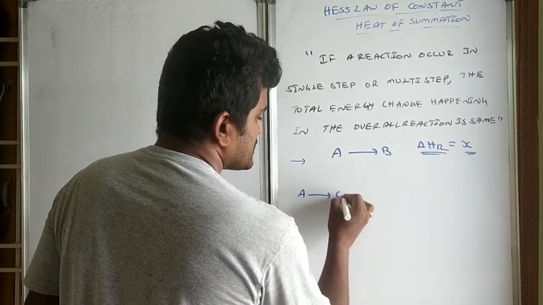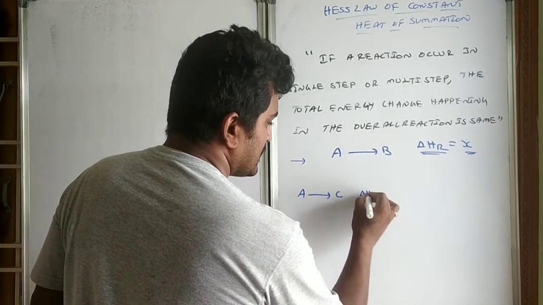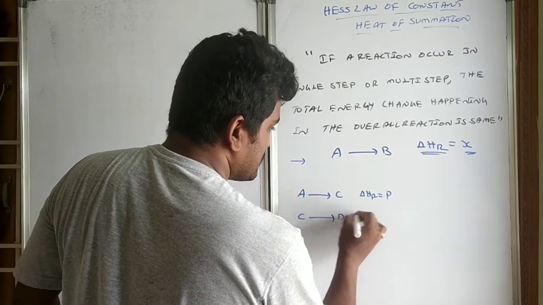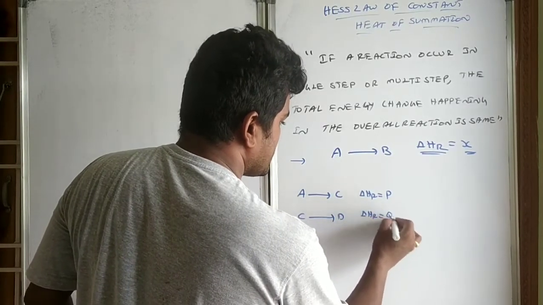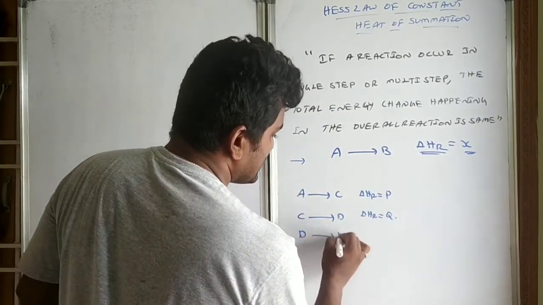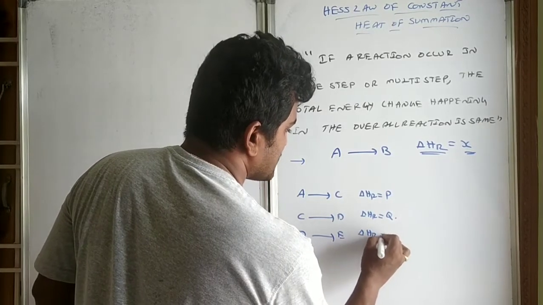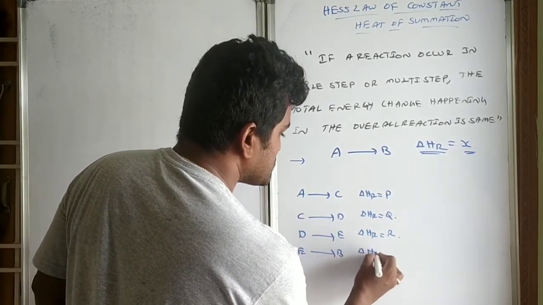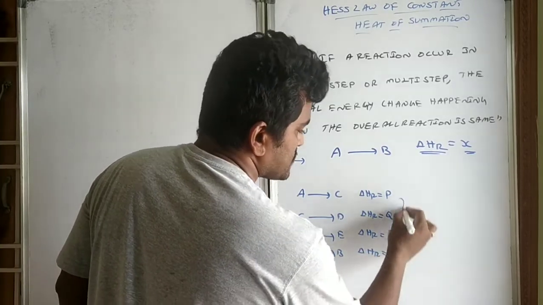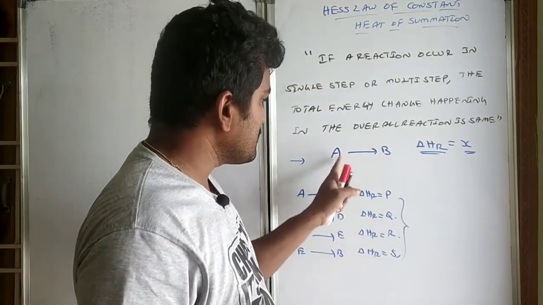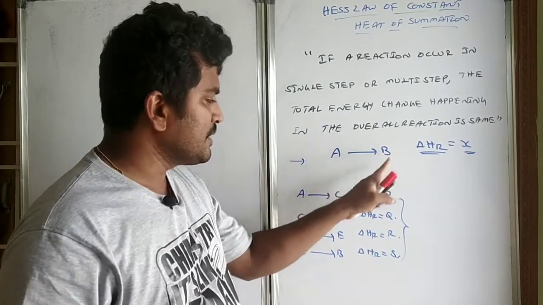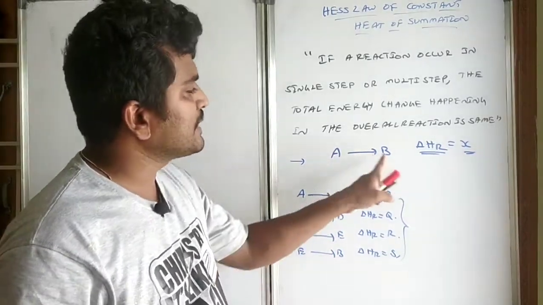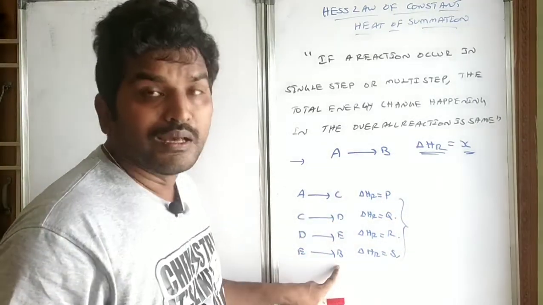A forms C, delta HR is equal to P. C gives D, delta HR is equal to Q. D gives E, delta HR is equal to R. And E gives B, delta HR is equal to S. So here you see the same reaction, A is forming B, and finally you are getting B. This is happening in single step, and this is happening in multi-step.